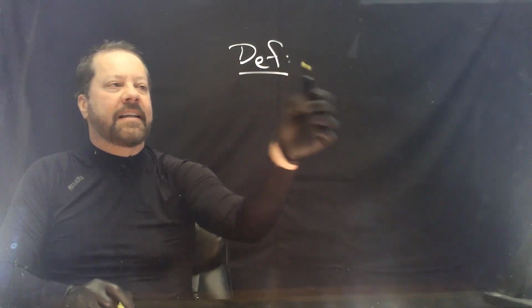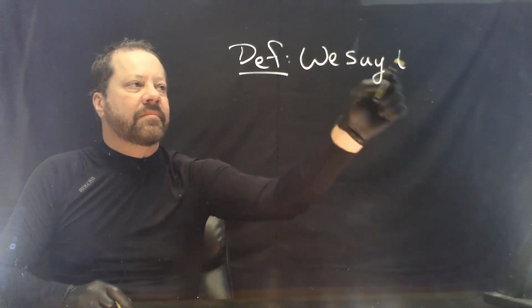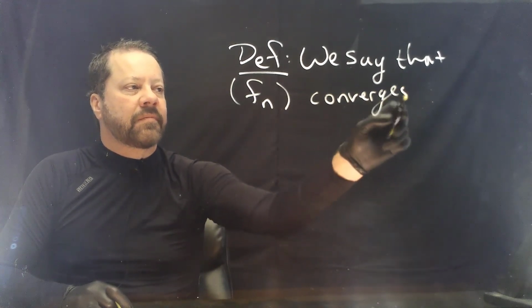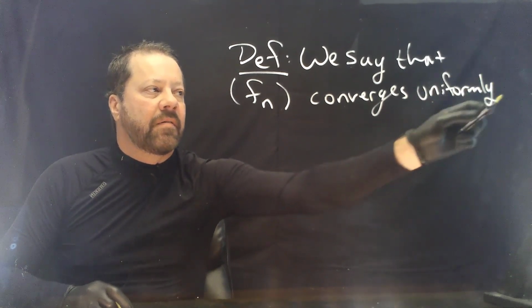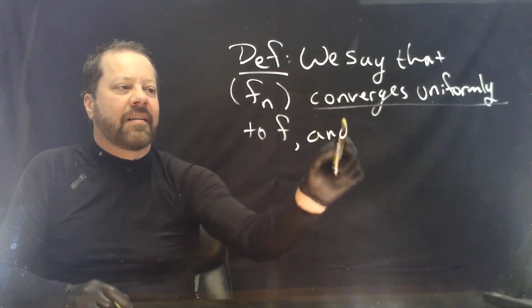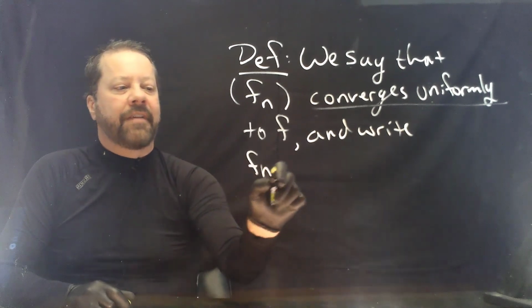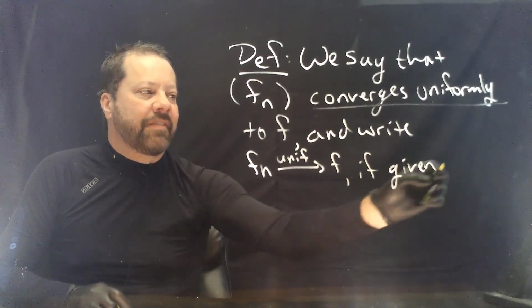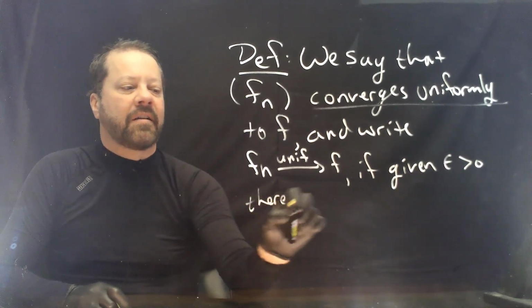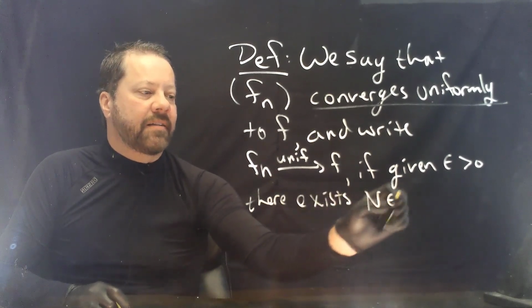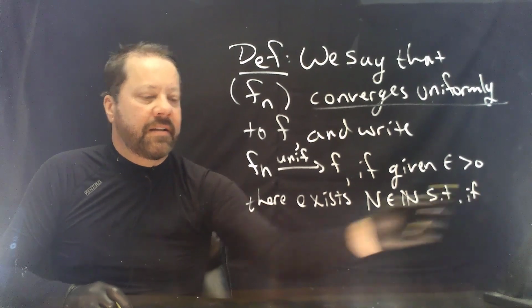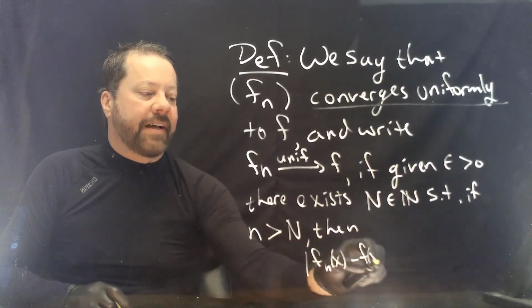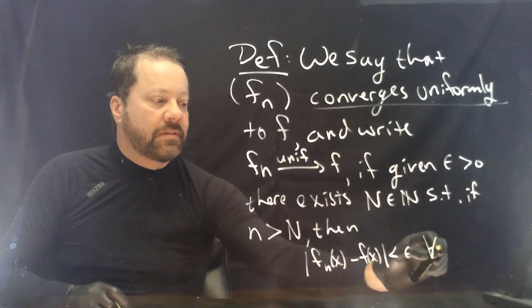So our definition may be something like this. We say that the sequence f_n converges uniformly to some function f, and write f_n converges to f uniformly, if given epsilon greater than 0, there exists N within the set of natural numbers such that if little n is bigger than big N, then the distance between f_n of x and f of x is smaller than epsilon, and that is for all x within the given domain.